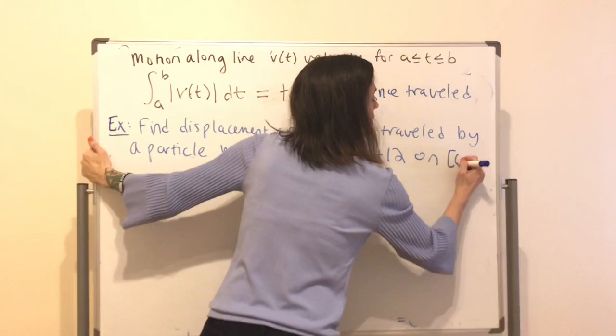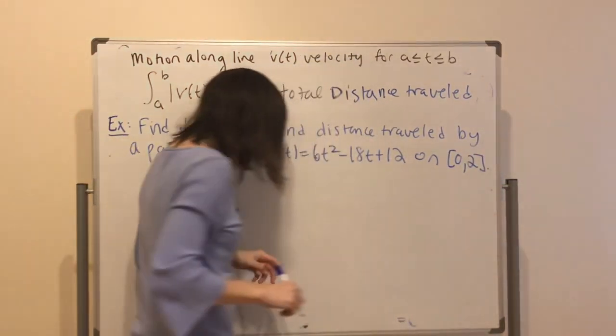So for t greater than or equal to 0, less than or equal to 2.